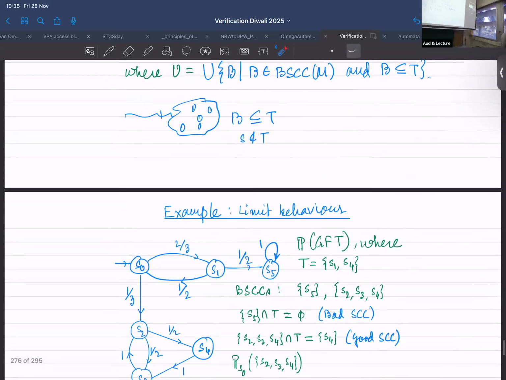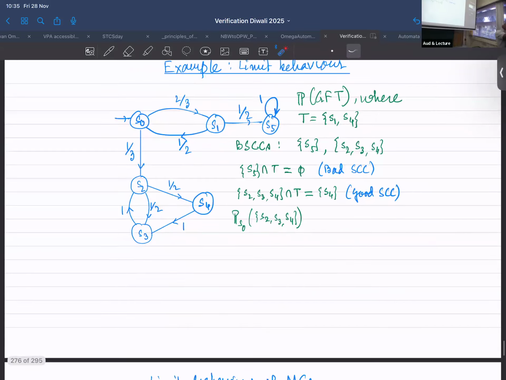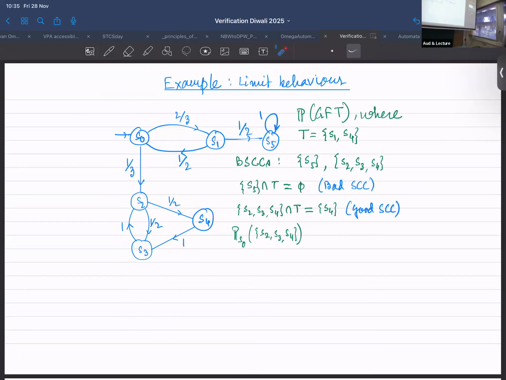So now let's try to see again an example. Suppose I have this T which is of the form S1, S4. Now I want to see globally eventuality, infinitely often.